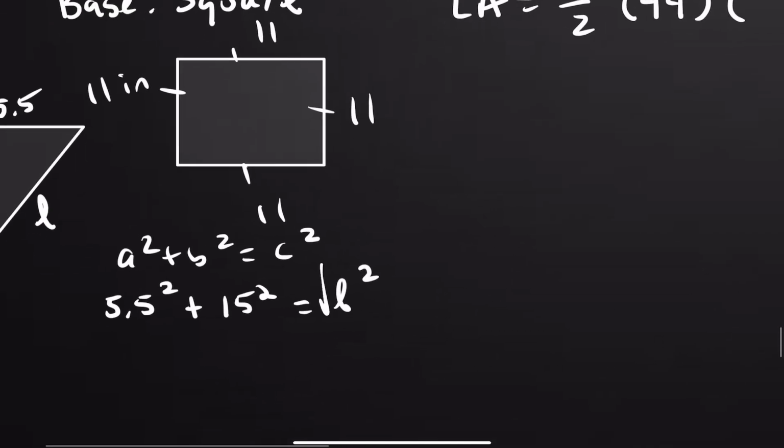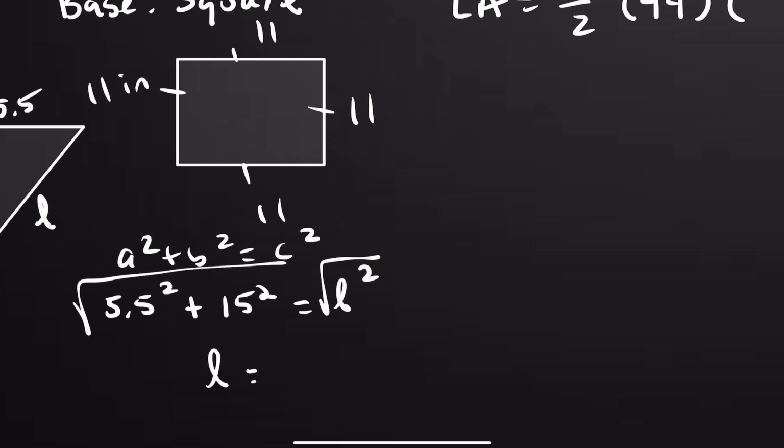I'm going to take the square root on both sides. So I'm going to input the square root of 5.5 squared plus 15 squared. And I'm going to round that to, I have 15.97, so that's going to be 16.